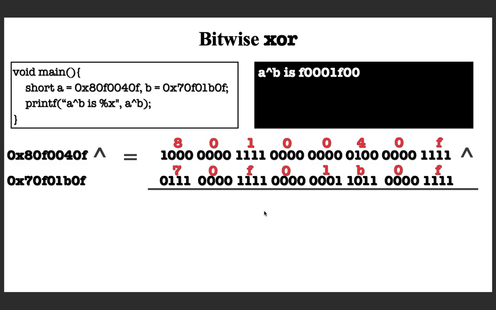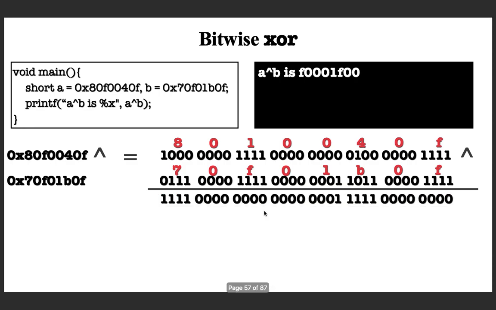Otherwise, that means if one bit is 0 and the other bit is 1, then the result is 1. If the bits are different, like 1 0 or 0 1, then it is 1. So that is the semantics of the exclusive OR operator.